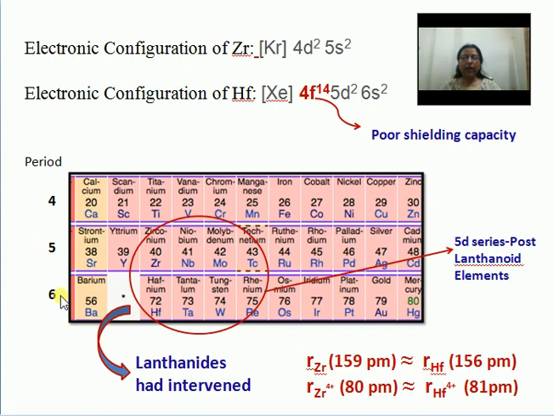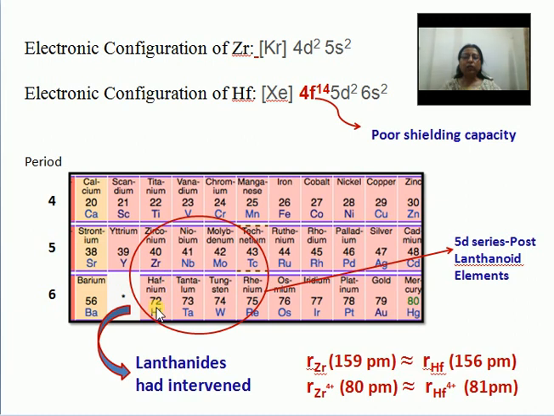So these are the 4d and 5d series of elements present in the periodic table. These 2 series are transition elements, and you see here zirconium, hafnium, niobium, tantalum, molybdenum, tungsten and so on, they are present in the 4d and 5d series.